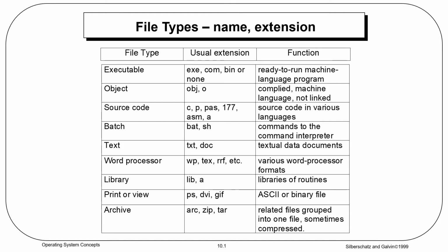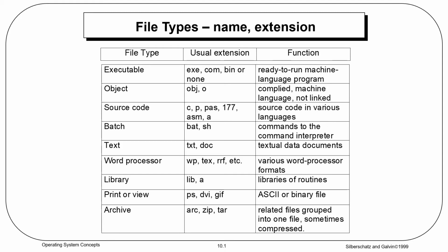Whereas a .bat file is a batch file containing, in ASCII format, commands to the operating system, or commands to the command interpreter.